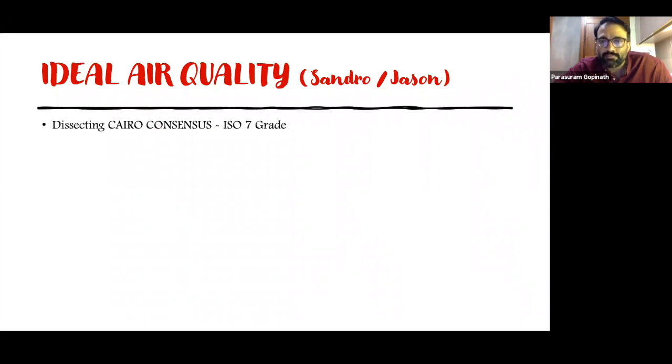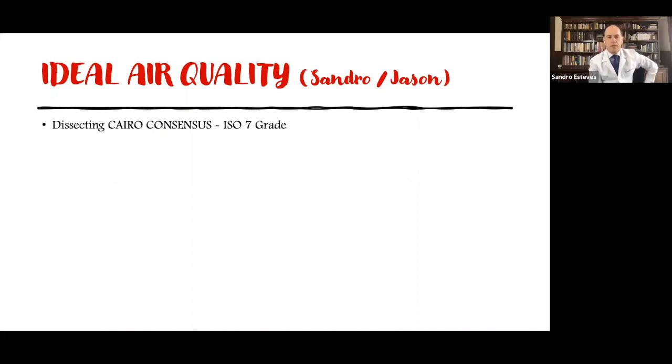Sandros can start. In my point of view, the ideal air quality is a lab that is as clean as possible. There's no magic solution here, because we have different regulations and the labs are located in different places.